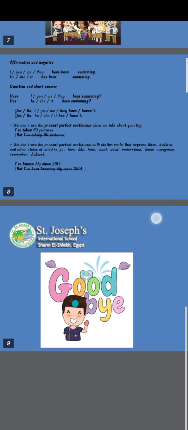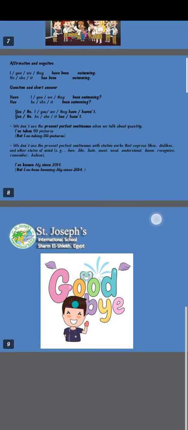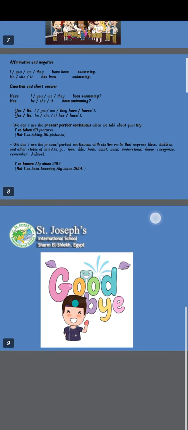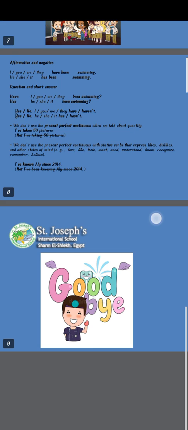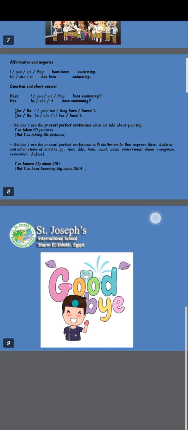So how long have you known Ali? I can say I have known Ali since 2014. It would be ridiculous if you say I have been knowing Ali since 2014. Why? Because know is one of those verbs that cannot be used as an action verb, so we use the present perfect simple, not the present perfect continuous.